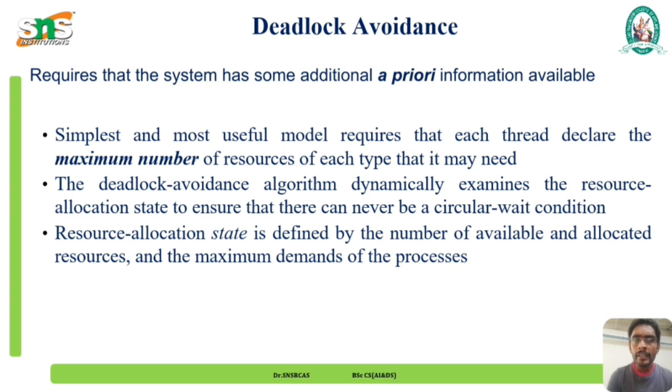So the deadlock avoidance algorithm dynamically examines the resource allocation state to ensure that there can never be a circular wait condition. The resource allocation state is defined by the number of available and allocated resources and the maximum demands of the processes.